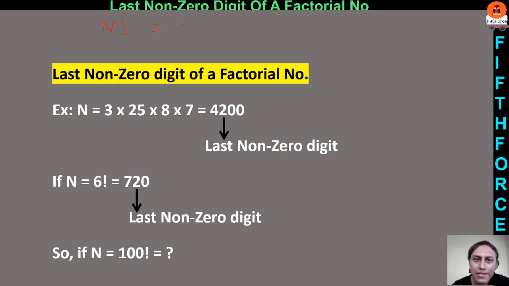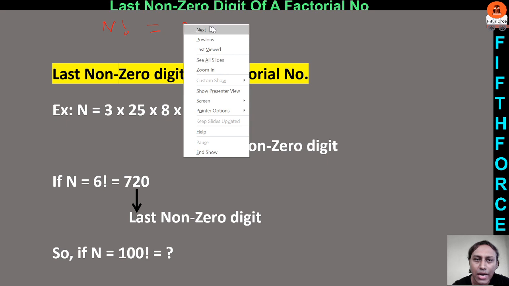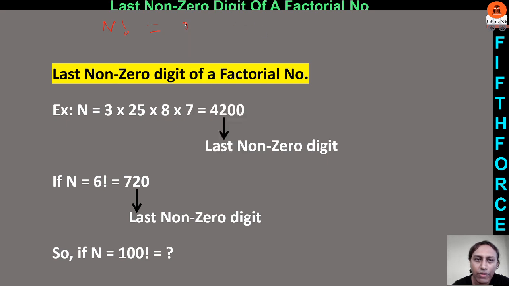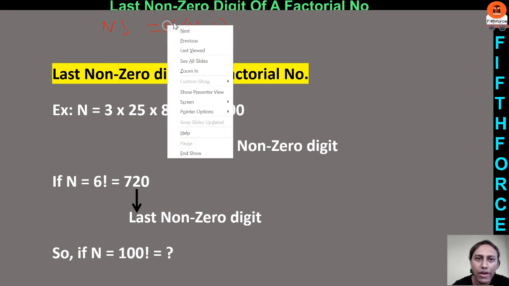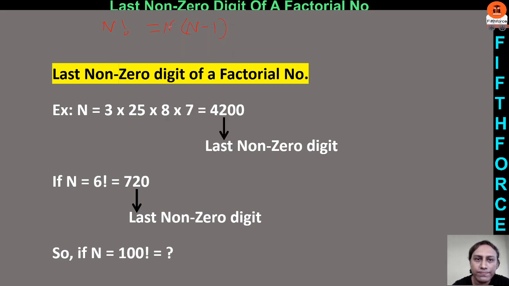N factorial is you multiply the numbers starting with n. So n into n minus 1 into n minus 2 into n minus 3 and so on, right? Up to 1. So last में 3 into 2 into 1, alright?